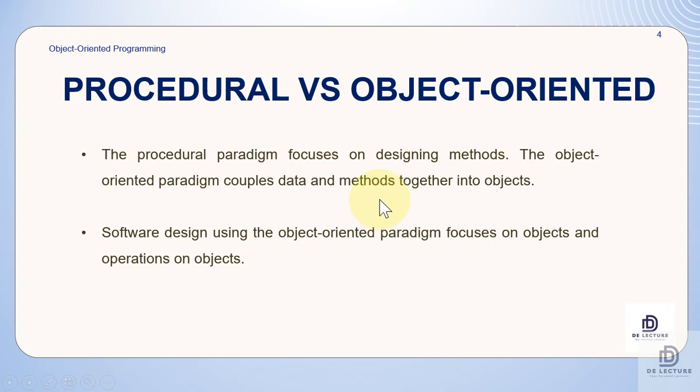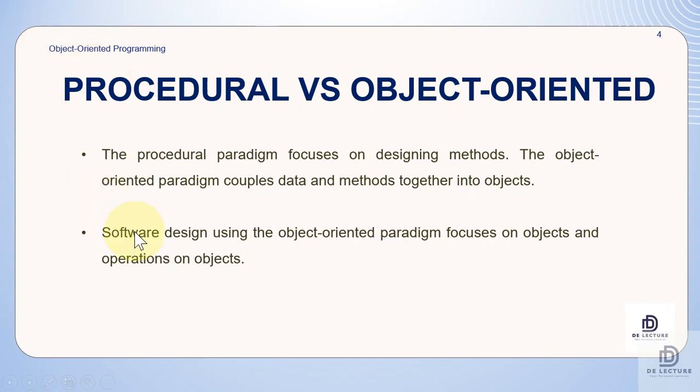If you're from a procedural background, whenever you write code you will have a lot of functions in one particular file, because in the procedural paradigm we focus more on designing the functions. In object-oriented paradigms, we focus more on how we manage data and methods in objects, so we have a clear separation of data and methods.